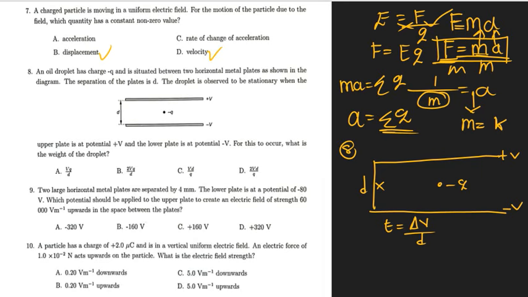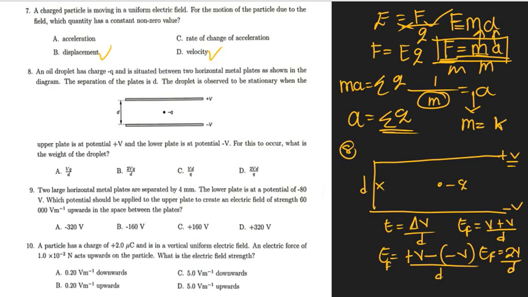I want you to look at this. What is the change in V? We've got positive V minus negative V, all over some distance. At the end of it all, your electric field is going to be V plus V over some D. Then you get this formula, right?